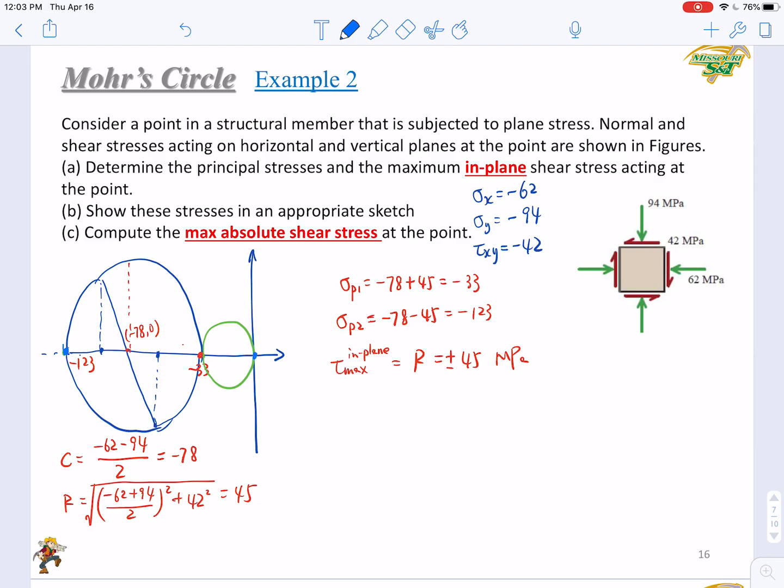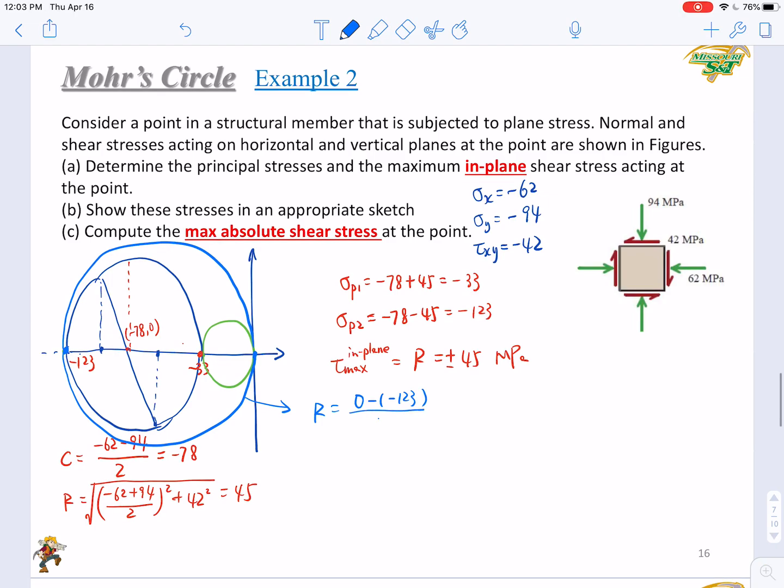Then you can get another bigger Mohr circle. While here the R will be 0 minus negative 123 over 2.